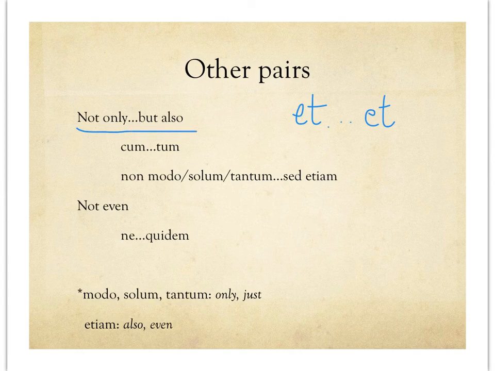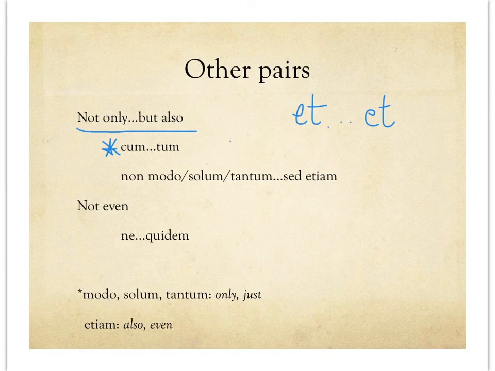And Latin has many ways of saying this. So one is cum... tum. You've learned cum to mean with. You've learned tum to mean then. In this case, they mean neither of this. Cum means not only, and tum means but also. So you might get confused by this until you see them both together in the sentence, and then you know.